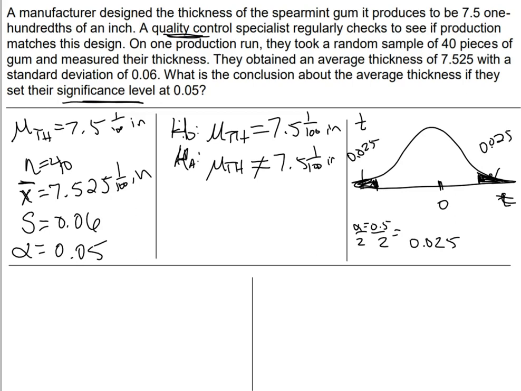As a thought experiment, how much probability is in the middle here? If I've got 0.025 probability to the left and 0.025 probability to the right, how much probability is in a t distribution in the middle? It has to be 0.95. And if you recall, this area in the middle would be my do not reject region.